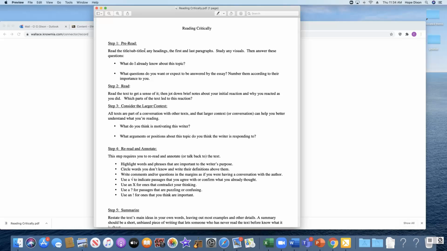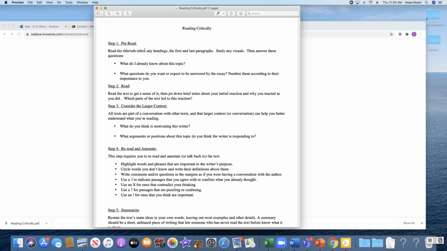Maybe you read the very first paragraph. Maybe you read the last paragraph. You're just getting an overview of what the article is saying. Titles are very telling. And oftentimes the main point of an article will be in its title.